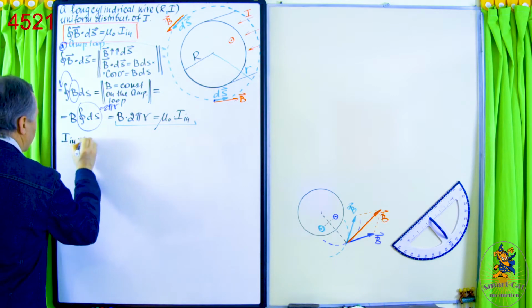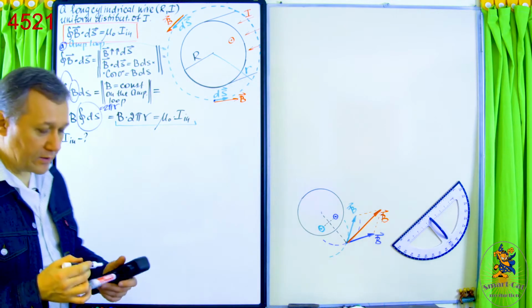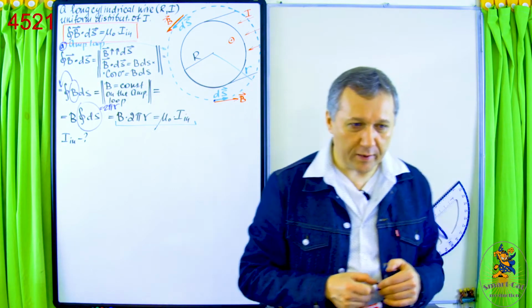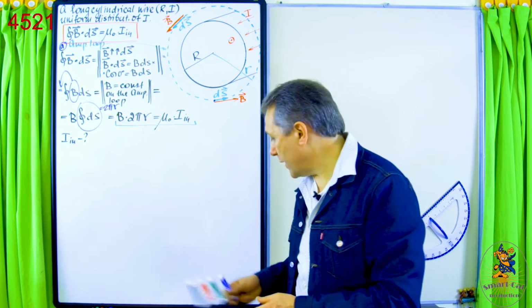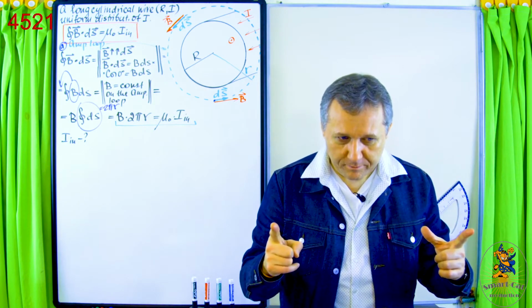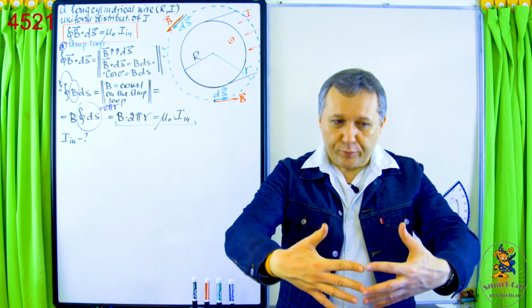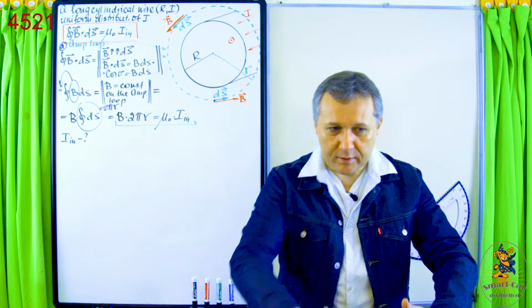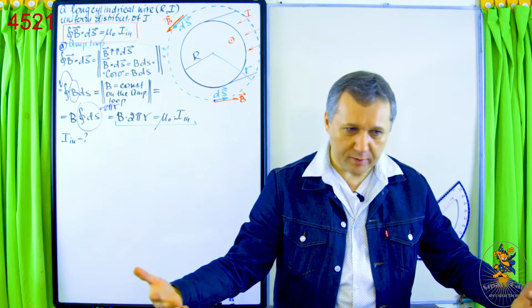In this case, the actual answer is quite simple. You should be able to tell me immediately what's the value of I enclosed. Again, what's the meaning of I enclosed? It's the total amount of current physically embraced by our amperian loop. And where that current is within the amperian loop doesn't matter.